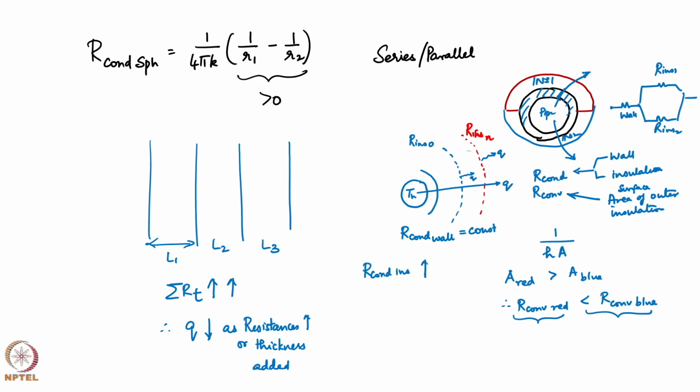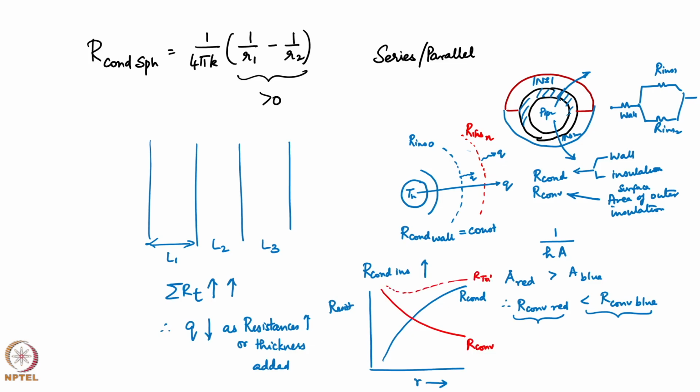So, if I make a plot, conduction resistance goes on increasing as my radius increases, okay, convective resistance goes on decreasing. Therefore, the summation of these two is the total resistance, R total.